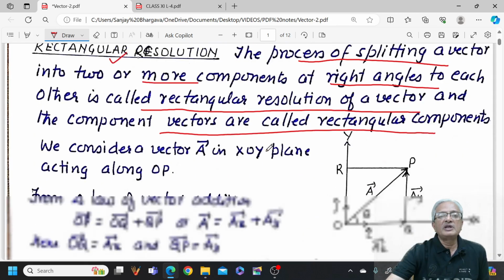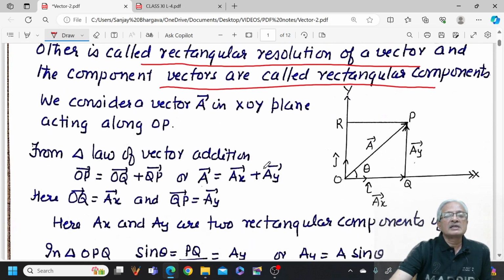One may feel resolution is exactly opposite to addition. In addition, we were adding two vectors to obtain a resultant vector, and in resolution we are dividing a single vector into two or more components.